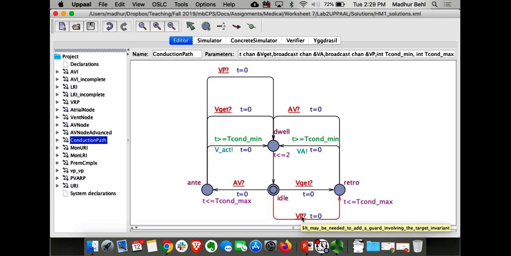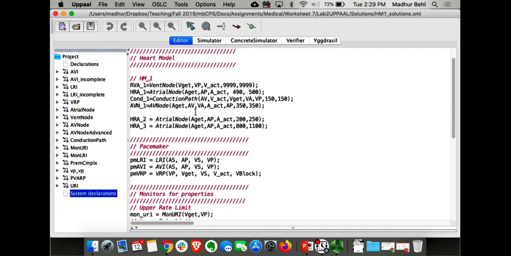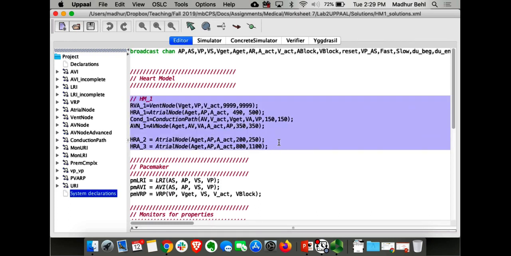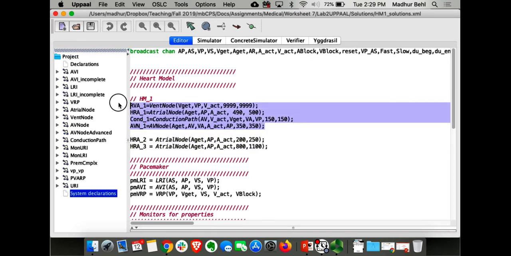So let's actually look at that since I just mentioned it. Just like our examples from last time, let's go to system declarations, and we have a lot of declarations in our template. Here I'm instantiating objects of the class, where the name of the class is the template that I just showed you.